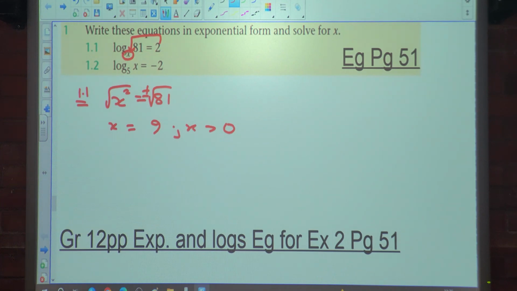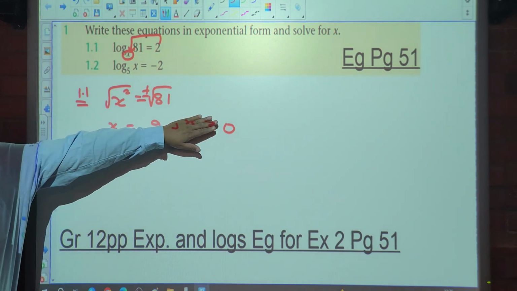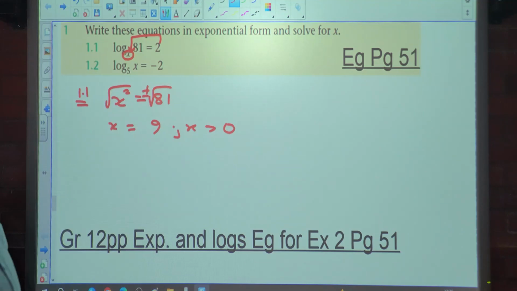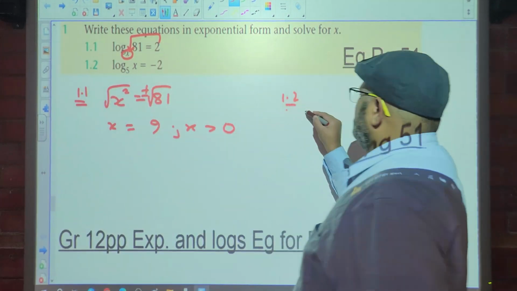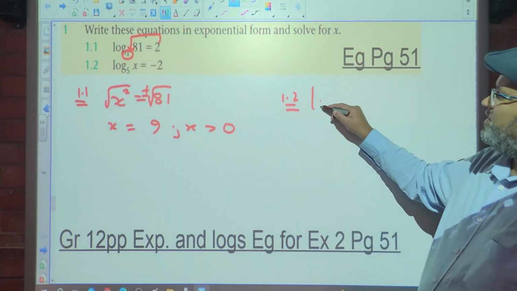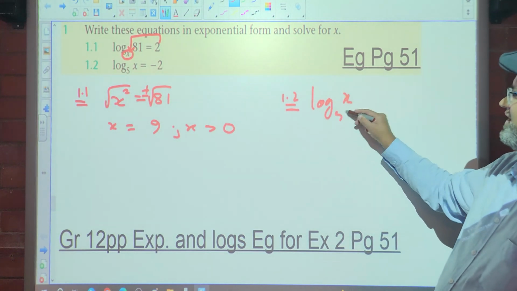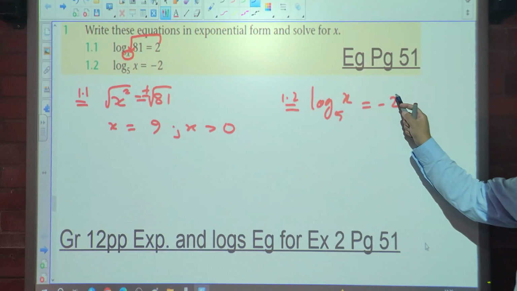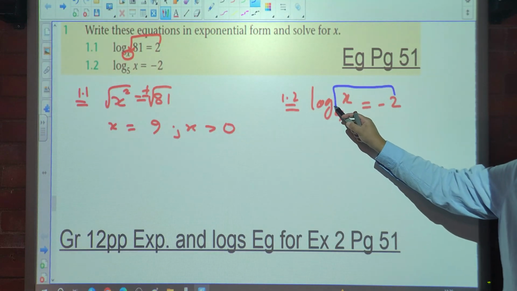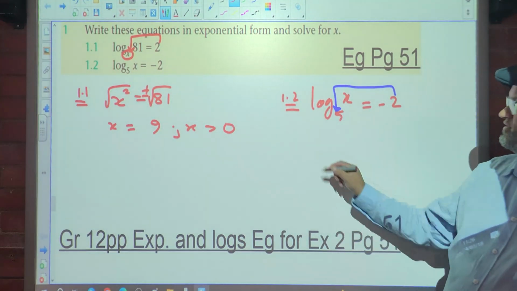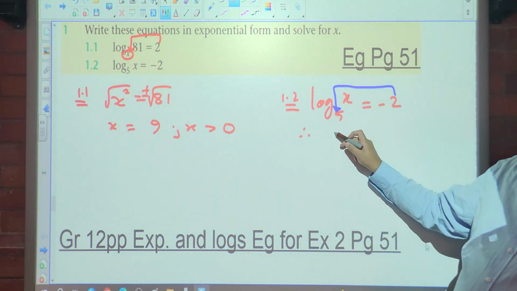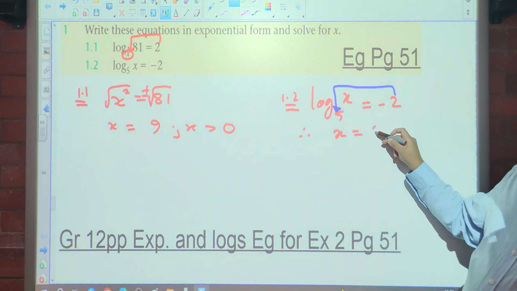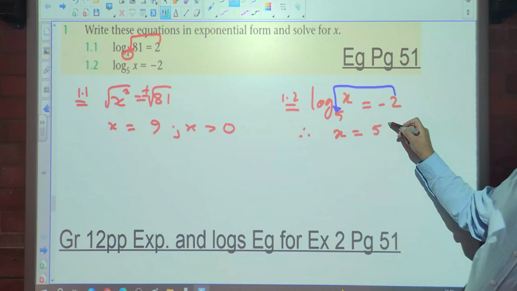Okay. We don't have to put this here. Let's look at 1.2. 1.2 says you have log x base 5 is equal to negative 2. So what's going to happen here? It's going to go onto the 5. So therefore, x is equal to 5 to the negative 2.